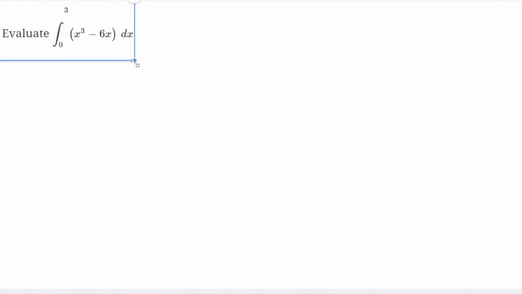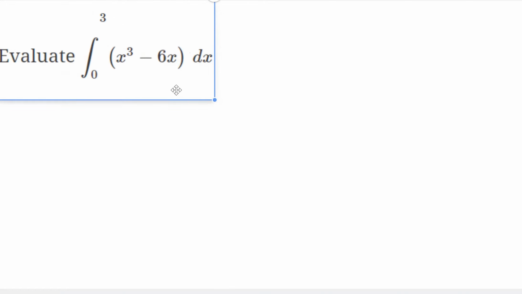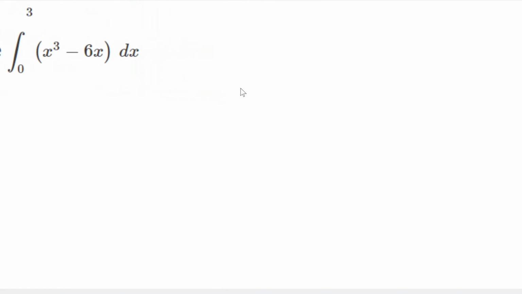All right, what's the difference in this one? There's numbers, so this is a definite integral. All right, so find me my integral for this one.